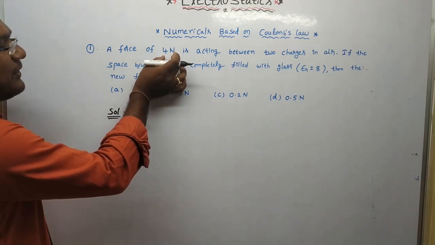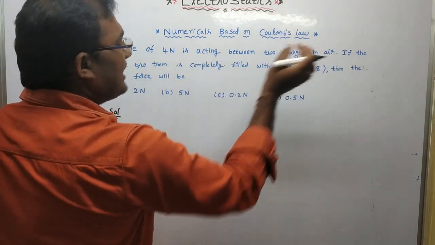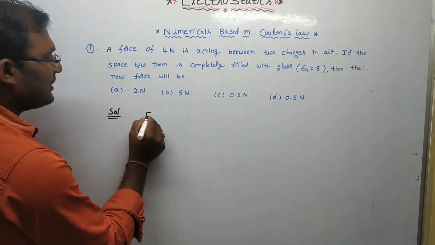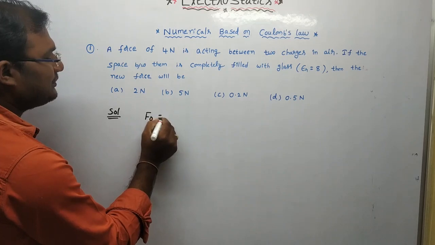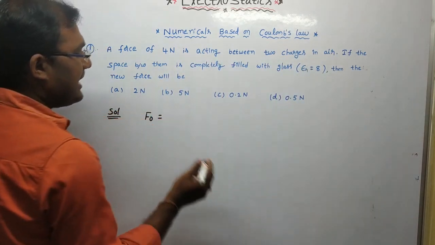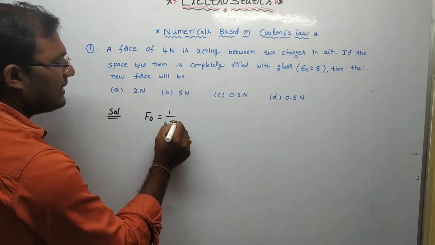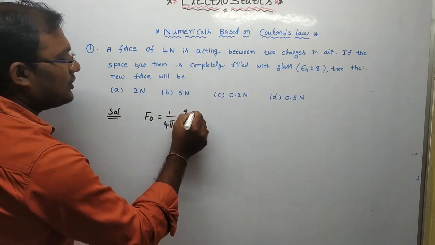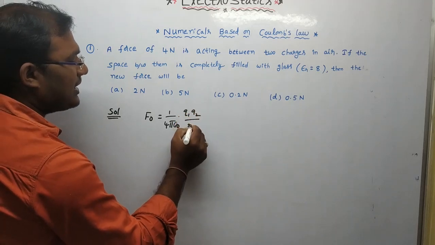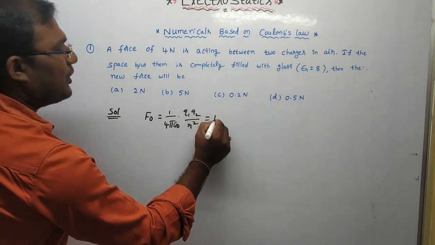4 newtons is the force when they are placed in air. Therefore, F naught, the force between the two charges in air, equals 1 by 4 pi epsilon naught q1 q2 by r square, equal to 4 newtons.